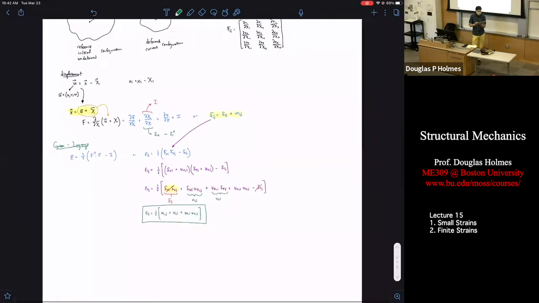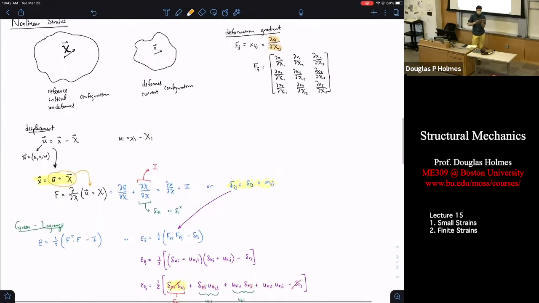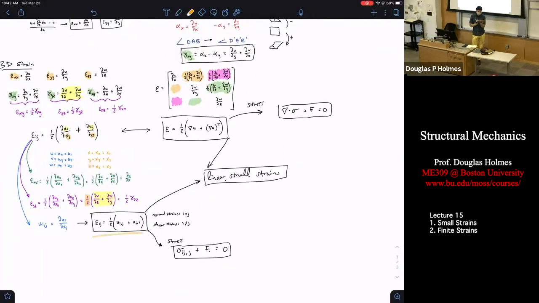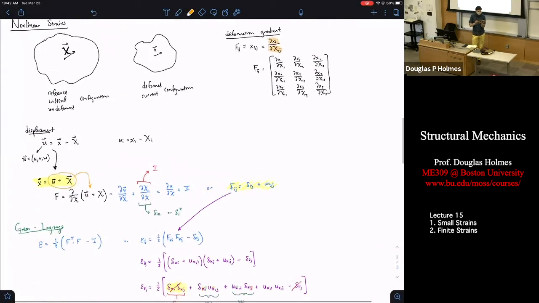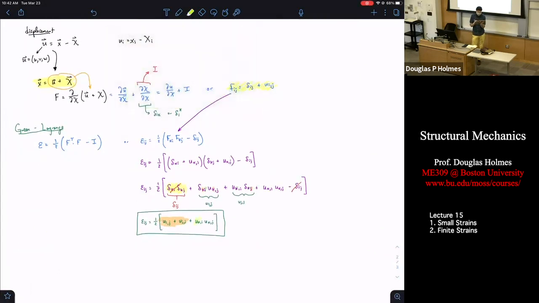Why do we do all this and how does this relate to anything we've talked about so far? Well, hey, look. These are my linear strains that we already had. This is the exact stuff that we wrote up here. And we're just adding to that a nonlinear term. How do I know this is nonlinear?